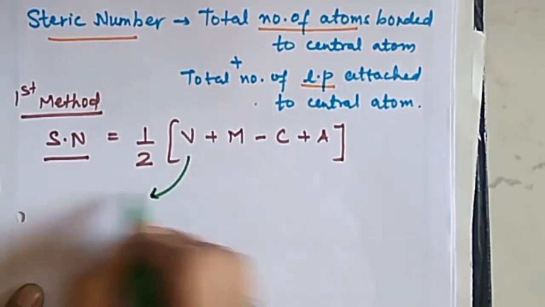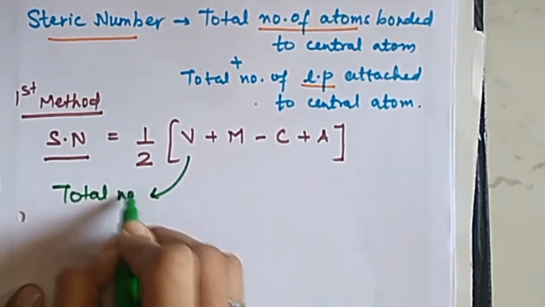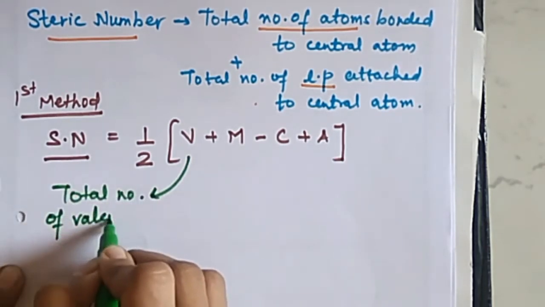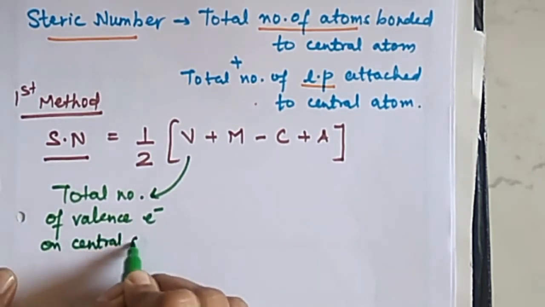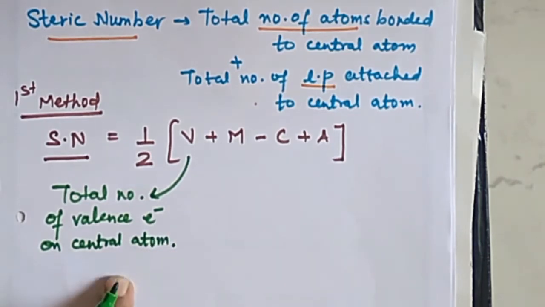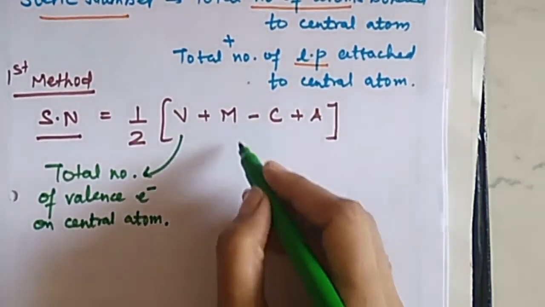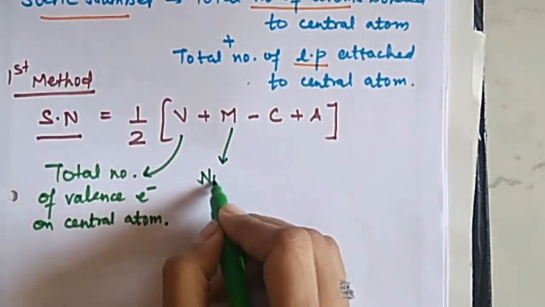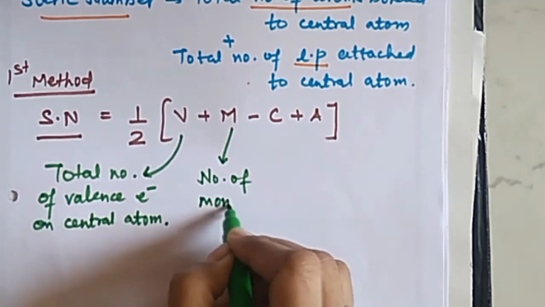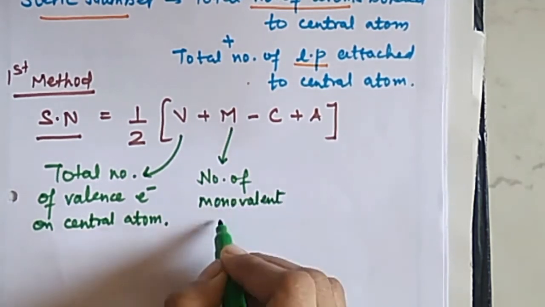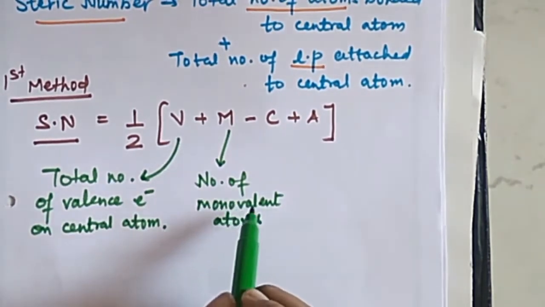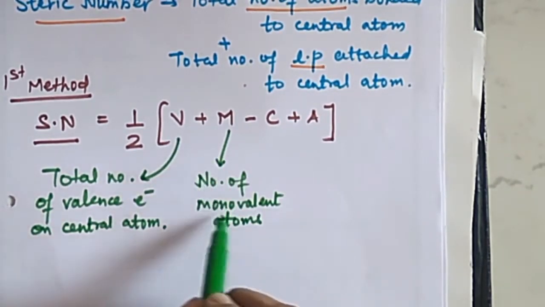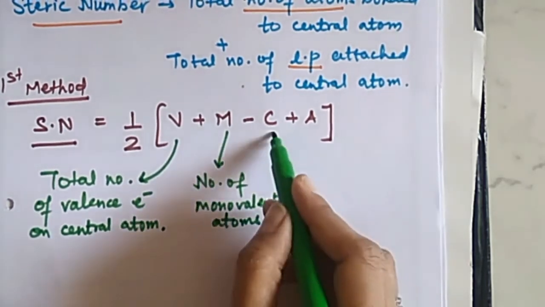V is the total number of valence electrons on the central atom. M is the number of monovalent atoms that are attached to the central atom. Only monovalent atoms we will be considering here. Minus C.